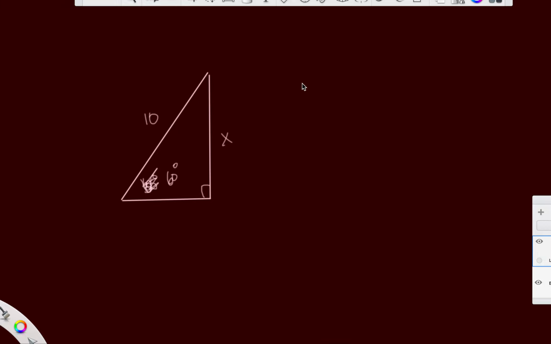All right, so we say that the sine, because we're looking at opposite and hypotenuse, right? So we say that the sine of 60 degrees is equal to some number over 10, right? And the best part about this is we're going to have calculators, and make sure your calculator is in degree mode, which is what I'm doing right now.